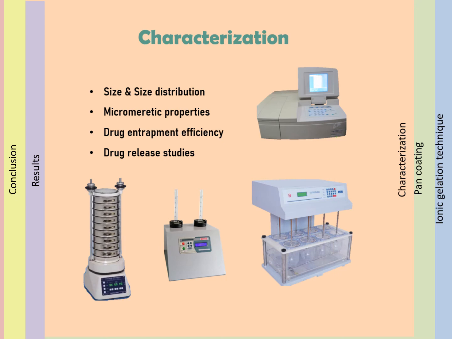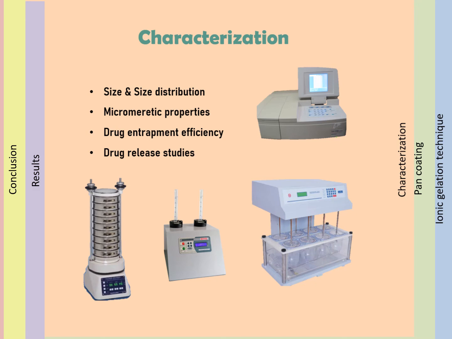Size distribution is performed by the sieve analysis technique, where the sieves are arranged as per their sieve orifice diameter, and it is subjected to specified procedures, and after completion, the percent weight retained on different sieves was analyzed. Micromeritic properties, especially the flow properties, were analyzed using the bulk density apparatus as per the USP procedure.